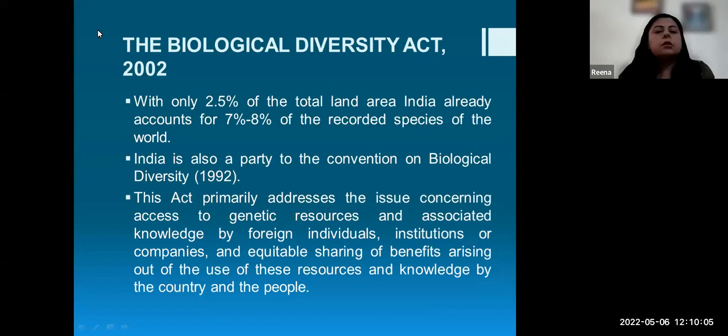India is also a party to the Convention on Biological Diversity of 1992. And as a party to that convention, it has certain responsibilities and certain submissions to fulfill.